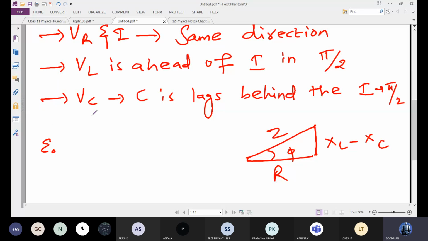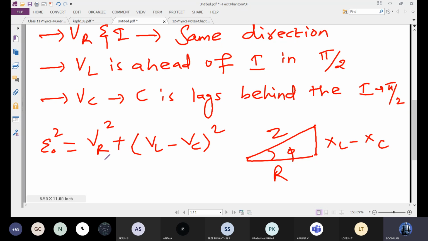E naught square is equal to VR square plus VL minus VC whole square.